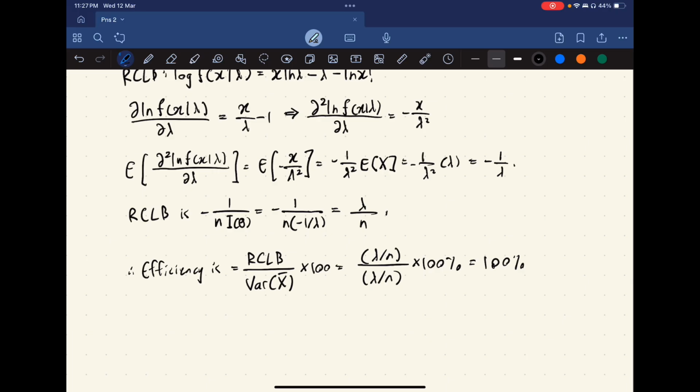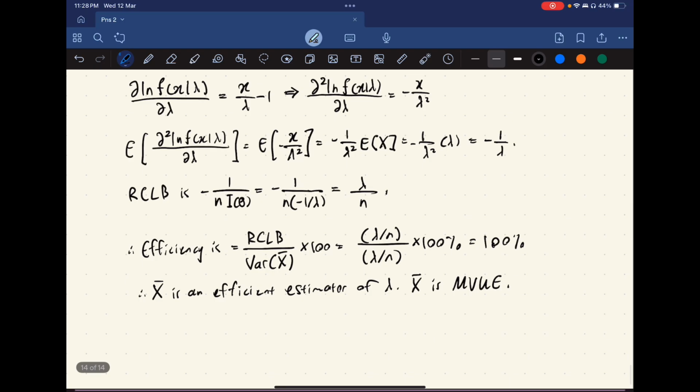The efficiency is 100%, so we can say that x bar is an efficient estimator of lambda, and therefore x bar is the minimum variance unbiased estimator. Here we can say that x bar is the best estimator of its kind among all the unbiased estimators.